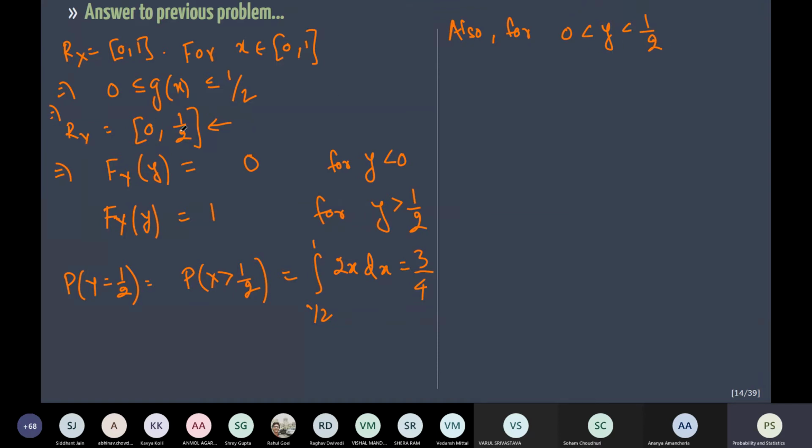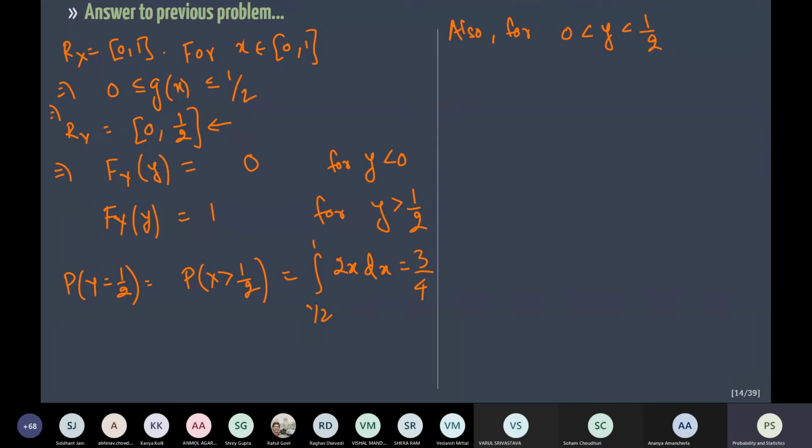Let us check the remaining part. The reason why I have done this half separately is that there is a possible jump here. You will see that eventually it will be neither continuous nor discrete. There is a jump at half, and otherwise it's continuous.